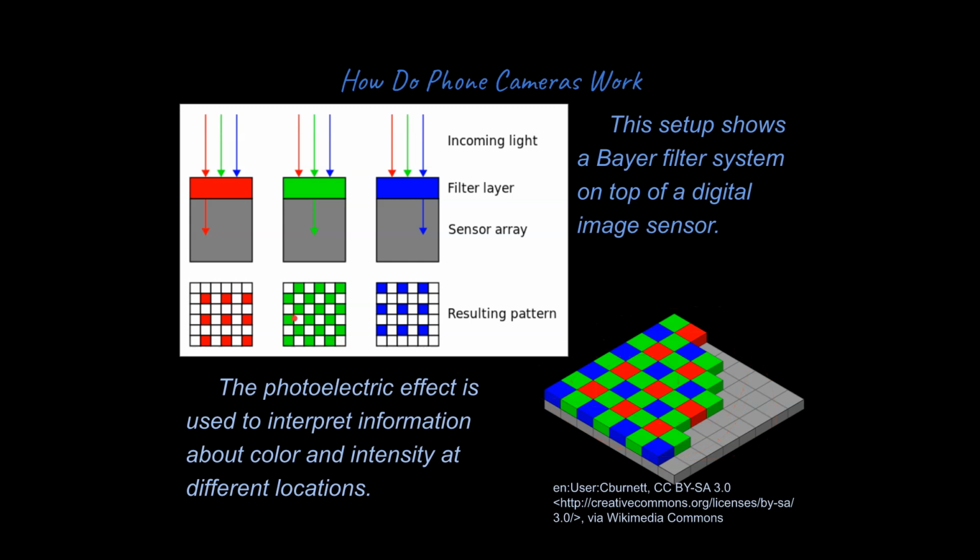And then in other locations in this pattern, we're only allowing green light to pass through, and in other locations, we're only allowing blue light to pass through. So if this grid has a little part that gets stimulated by light, we know that, for instance, blue light can only be appearing here. If this part starts kicking off electrons, then we know that blue light has hit this surface of metal right here. And how does that work?